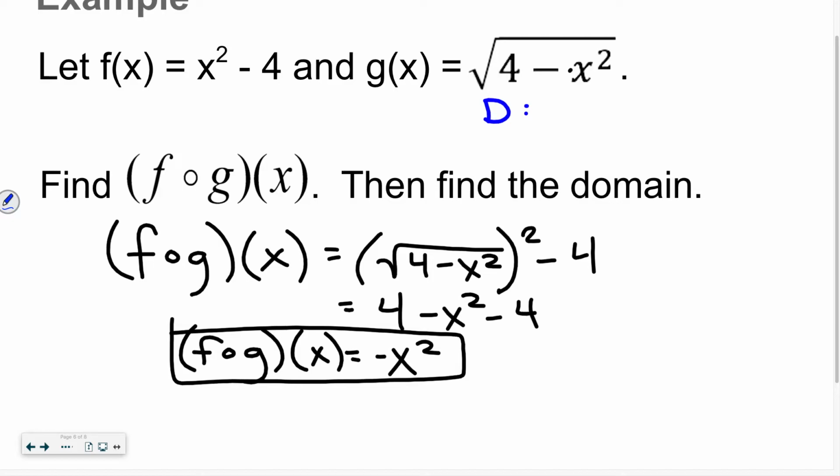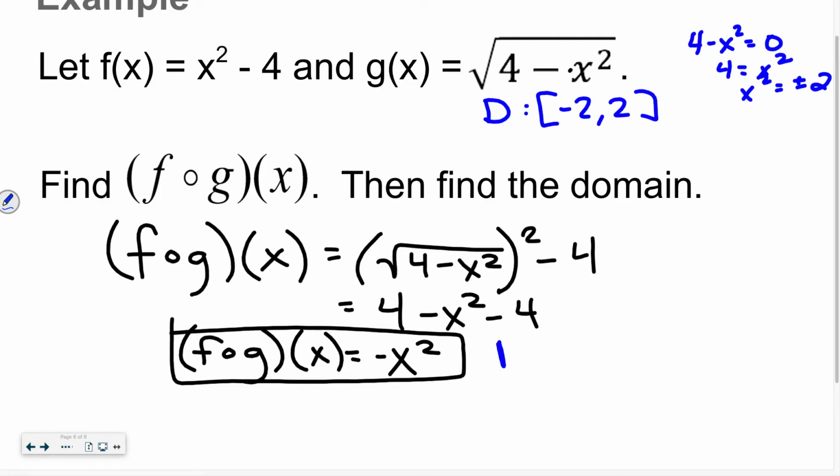But if I put in 3, 3 squared is 9, and that doesn't work. Algebraically, you could do 4 minus x squared equals 0. 4 equals x squared. X equals plus or minus 2. The numbers that work are in between negative 2 and 2. So down here, my domain is between negative 2 and 2.